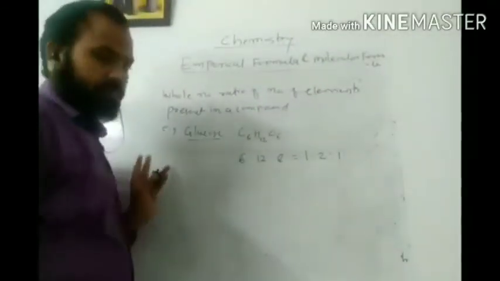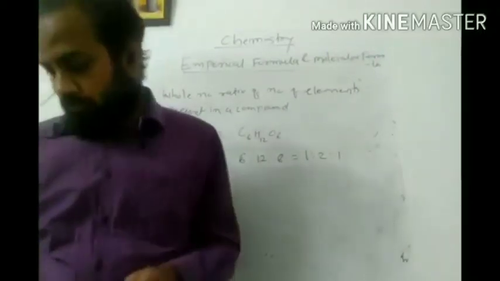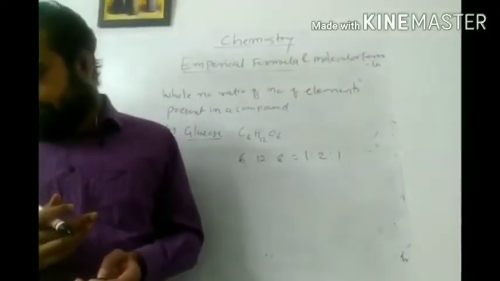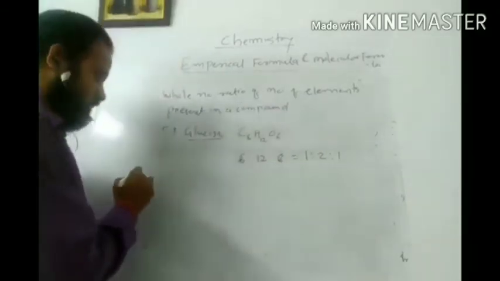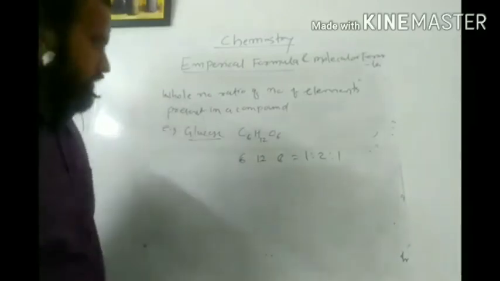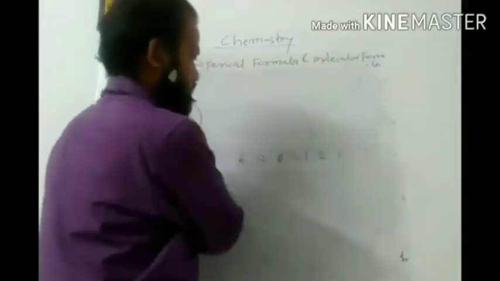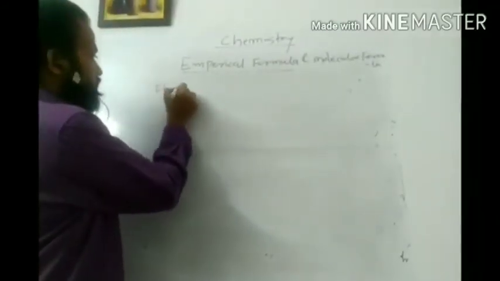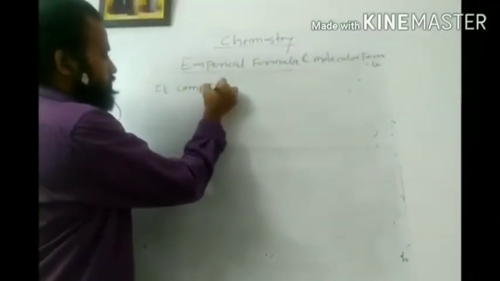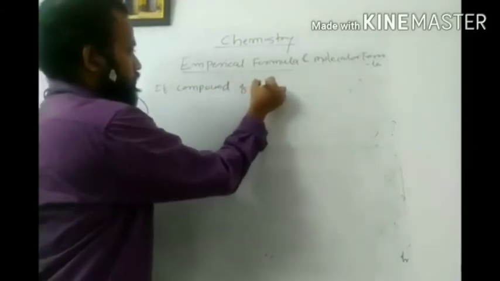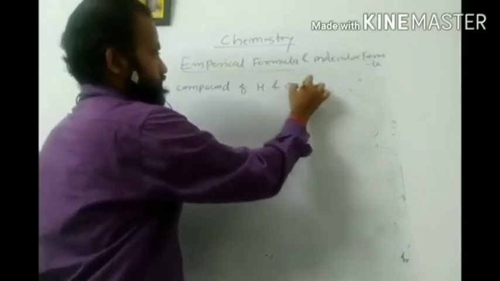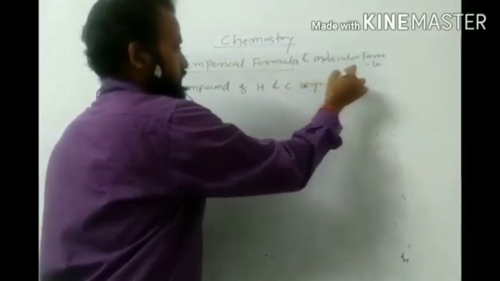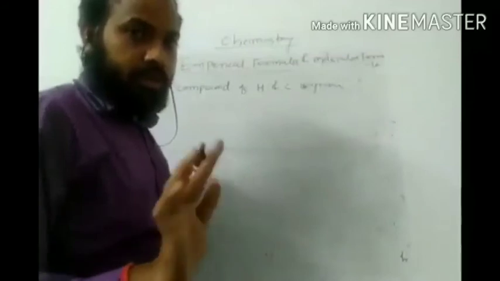So this is the example I'm just giving you. We will start with, let us say, a compound consisting of carbon and hydrogen. If a compound of hydrogen and carbon is given, we are going to discuss how to write the empirical formula.